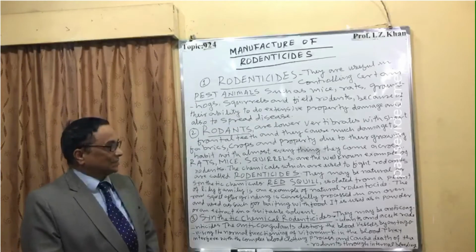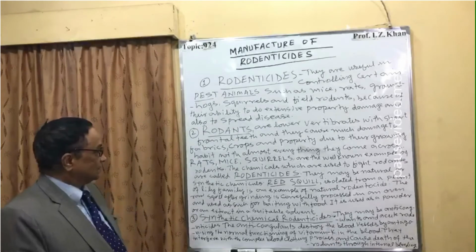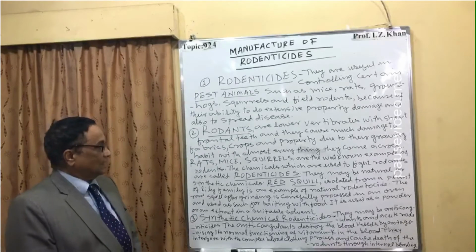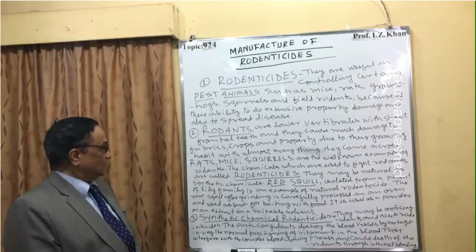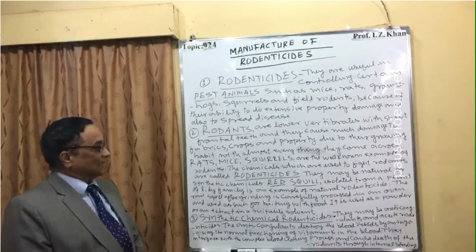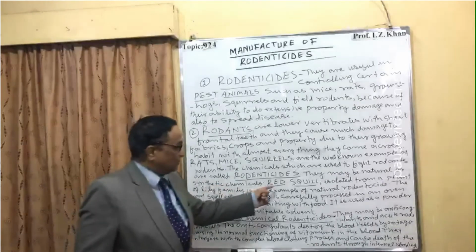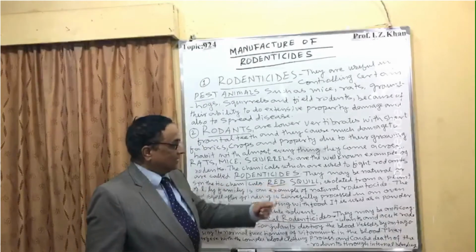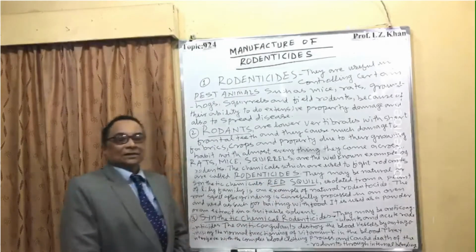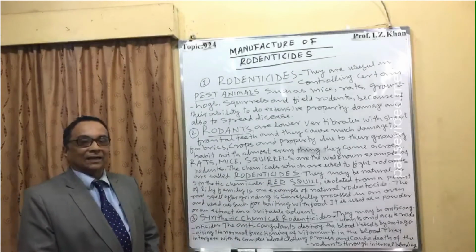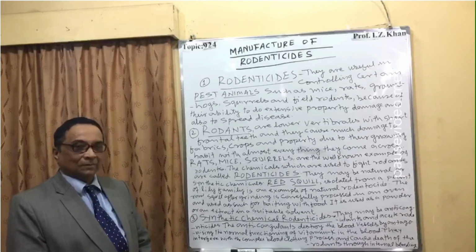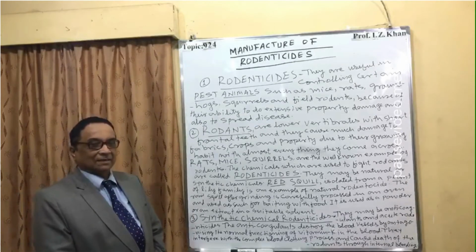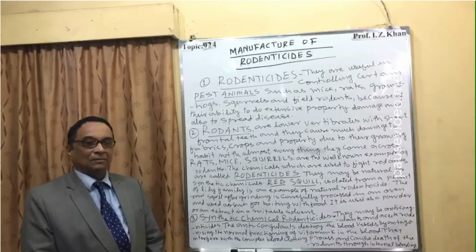The chemicals which are used to fight rodents are called rodenticides. They may be natural or synthetic chemicals. So this I have given here natural, that is called red squill. Red squill is actually from lily family. It is extracted, it is made in powder form and used.